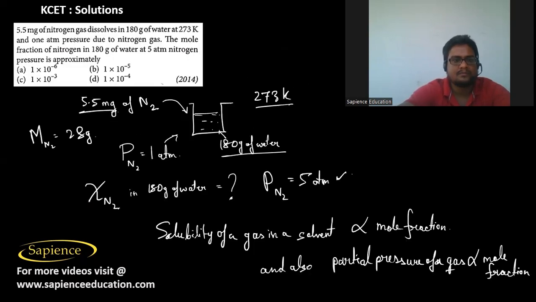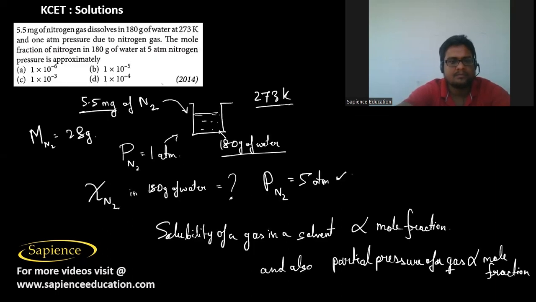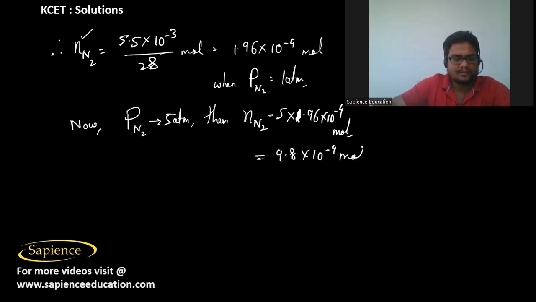Now the mole fraction has been asked. So the number of moles will be 9.8 into 10 power minus 4 moles.